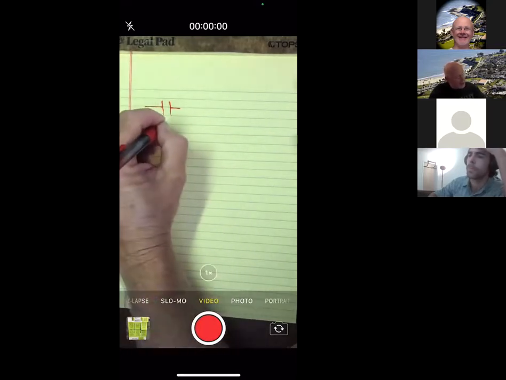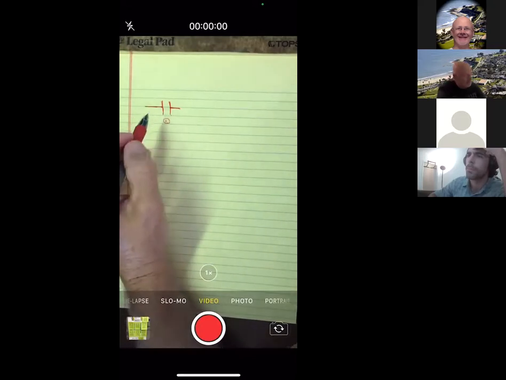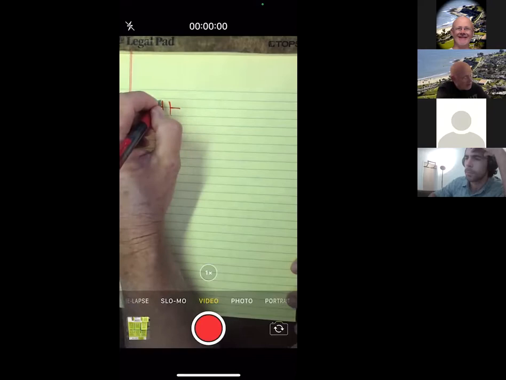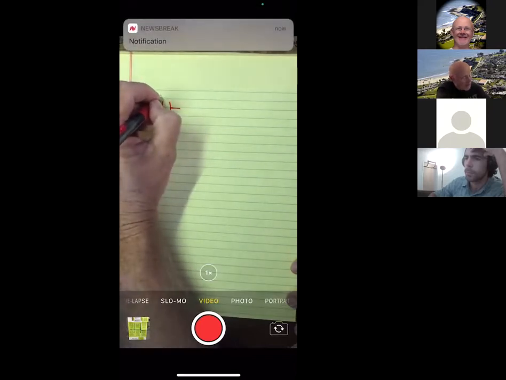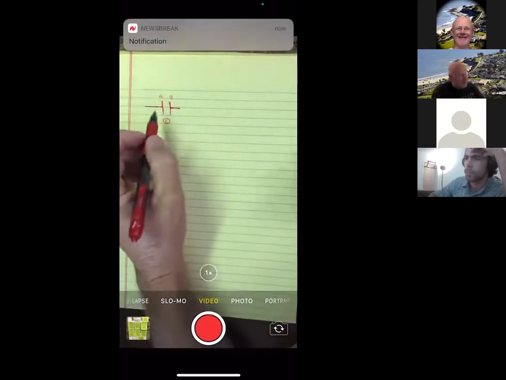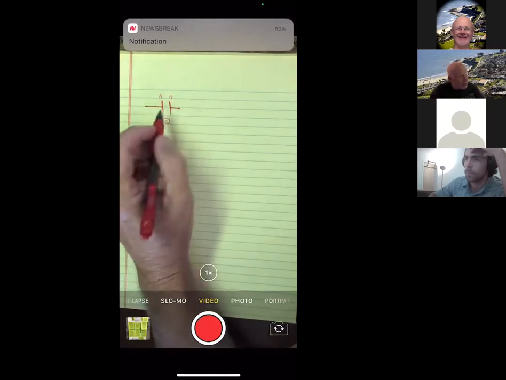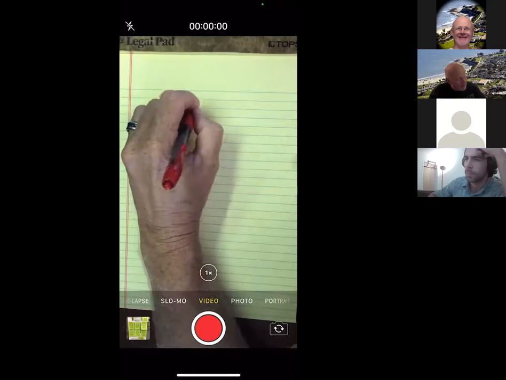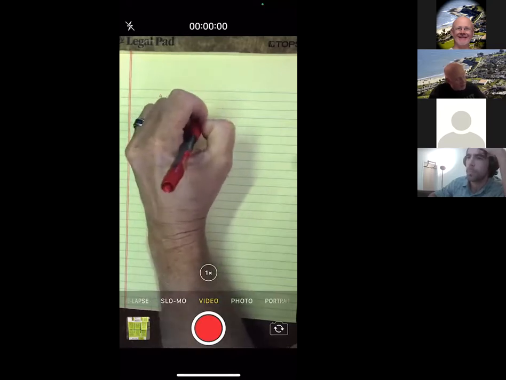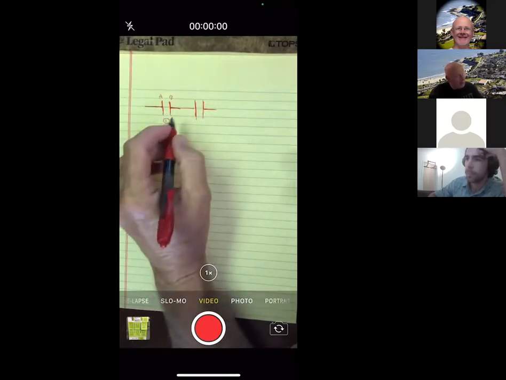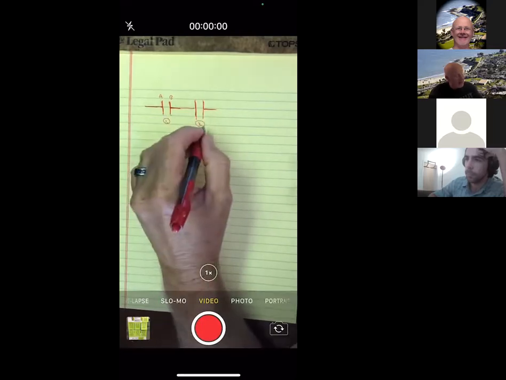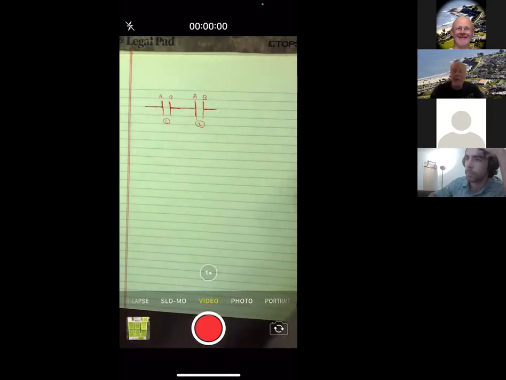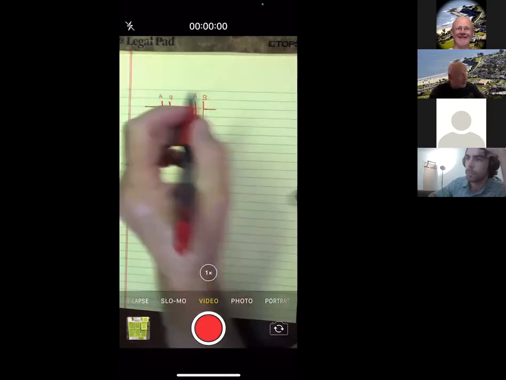So let me call this capacitor 1, and the first one, plate A and plate B. You connect plate B of capacitor 1 to a plate on capacitor 2. Let me again call those A and B. All right, so that's series.